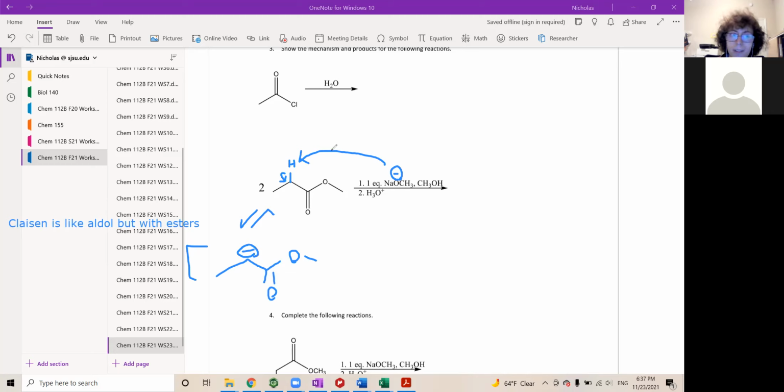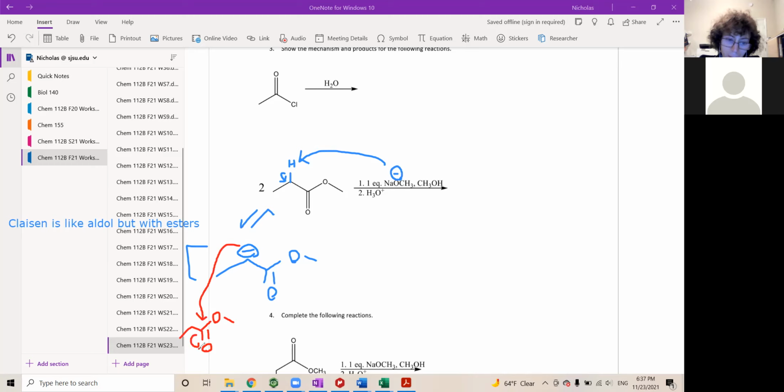And then what would the second step of this be if it's similar to an aldol reaction? And this might help a bit. Remember in aldol, we had enolates, and the enolate would attack the carbonyl carbon of a second, yeah, like this. That was correct.